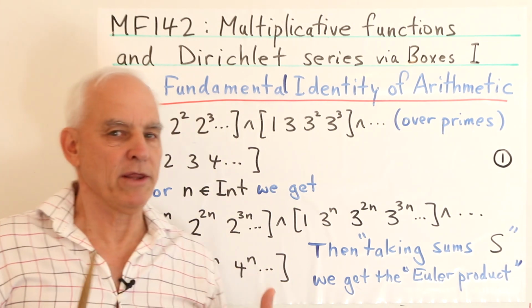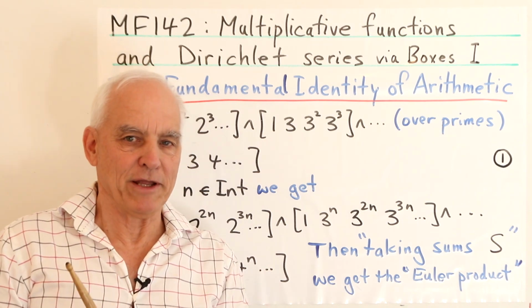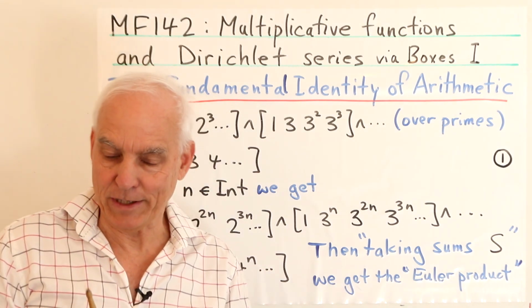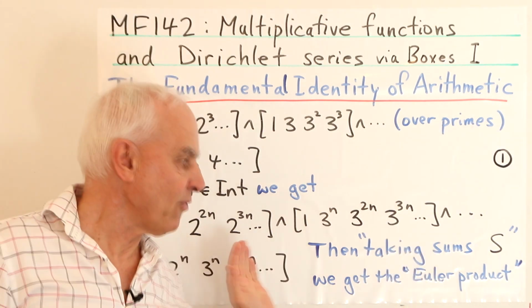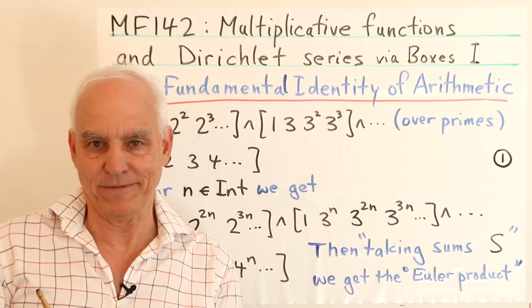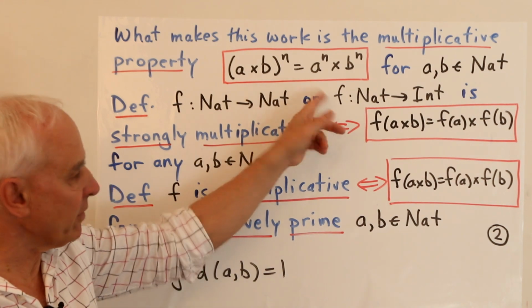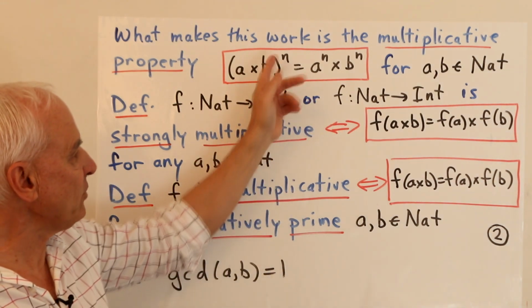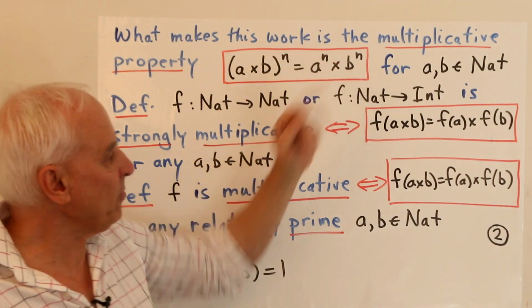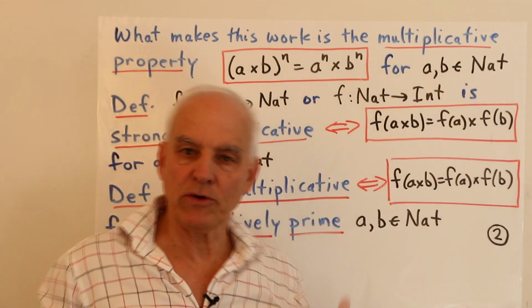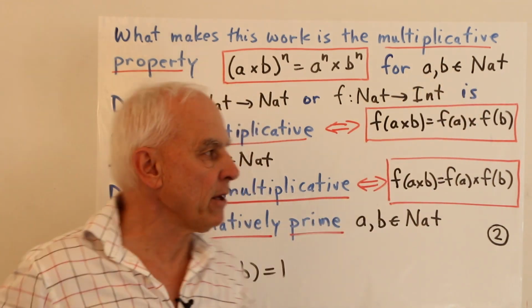So we want to exploit that and investigate multiplicative functions more generally, so we can cook up variants to this important example. What made the previous example work is the multiplicative property of taking a power, that a times b to the n is equal to a to the n times b to the n, for general natural numbers a and b.